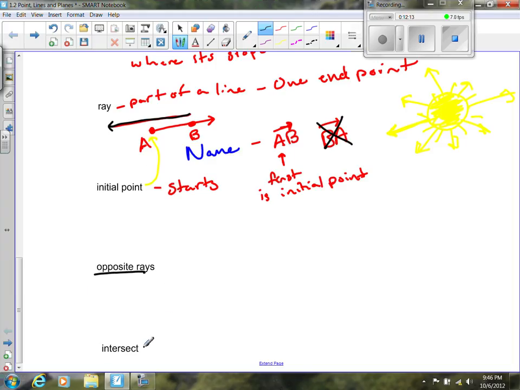Intersect means they intersect. They have one or more than one point in common.